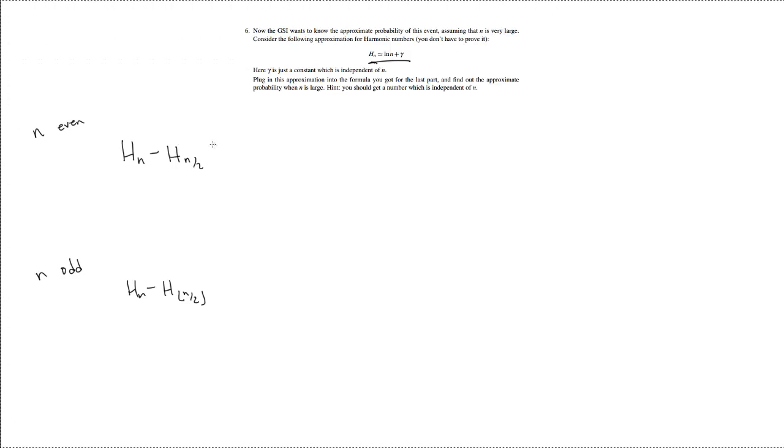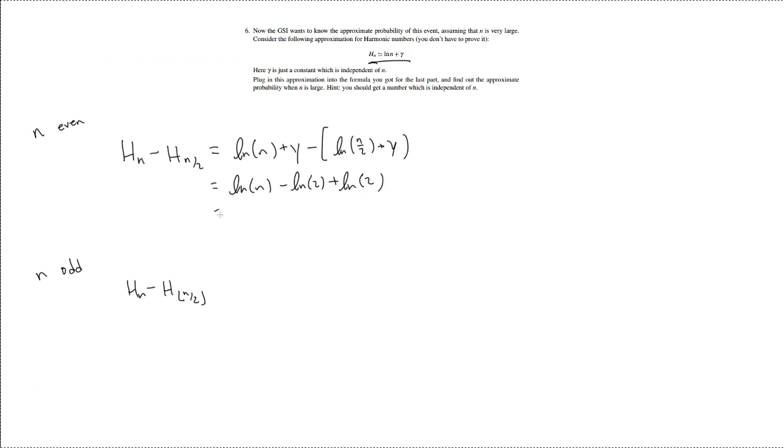We have that this is just ln of n plus gamma minus ln of n over 2 plus gamma. And simplifying gives us ln of n minus ln of n plus ln of 2, which is just ln of 2.